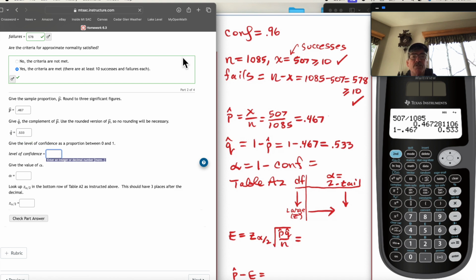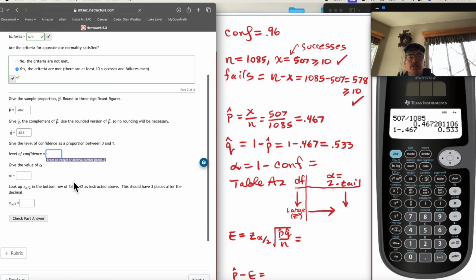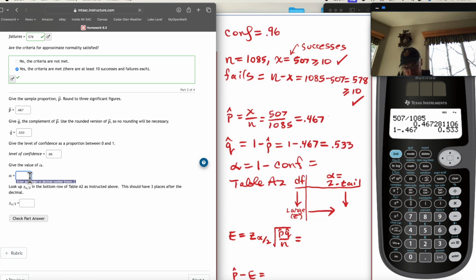Okay, and my level of confidence I put up here, it was 96%, right? 96% confidence interval, so 0.96. And then our alpha value, so alpha is 1 minus the confidence level, 1 minus 0.96 is the complement of 96%, which is 4%, 0.04. Okay. So we got that. And so we put that in, 0.04. And just checking everything looks good.